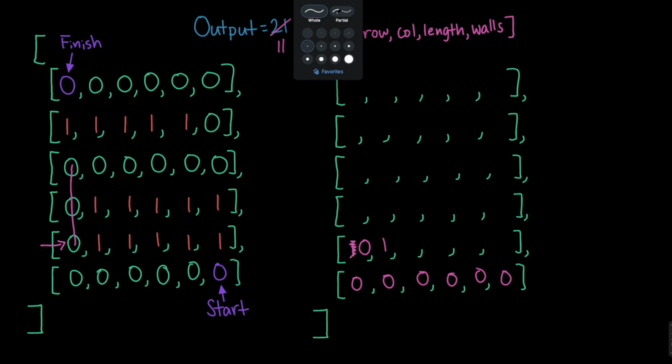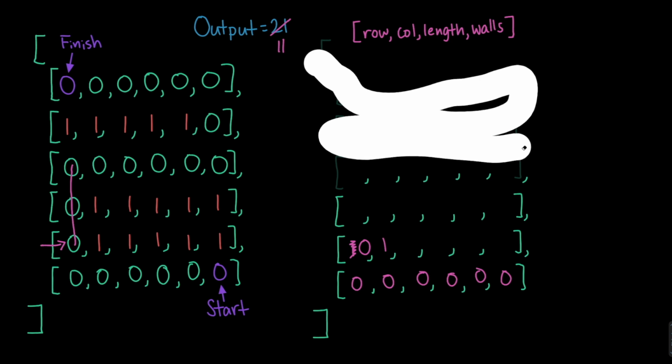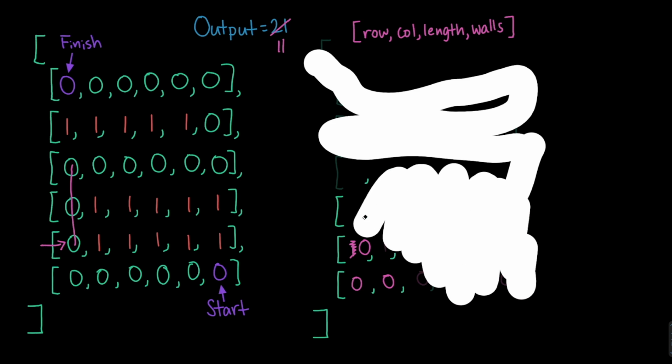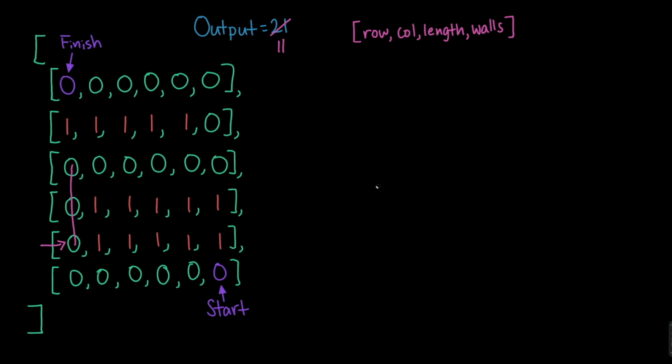Okay, now I want to go ahead and talk about the complexity of this solution, which is a little bit interesting. It's not as cookie cutter as it normally is, though it's not crazy difficult or anything. All right, so let's come over here and we'll write out our complexity. So the very first thing we want to do when we're dealing with complexity is we want to define our variables.